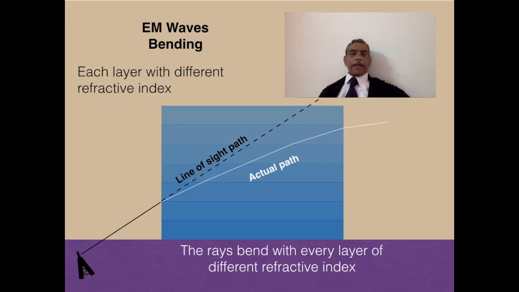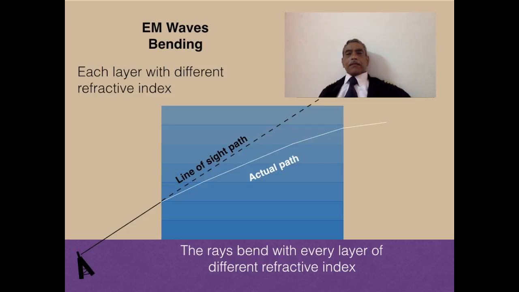Here, all I have tried to show is that the atmospheric density keeps varying, and an EM wave which has left the aerial, if it were to follow a straight line of sight path, would follow the dotted line. Whereas, because of the change in density of the atmosphere, at every layer it bends and forms almost a curved path because of the different refractive index of the atmosphere.